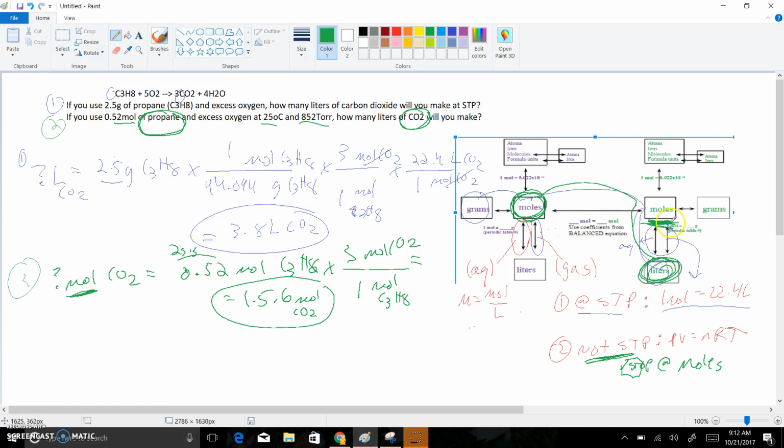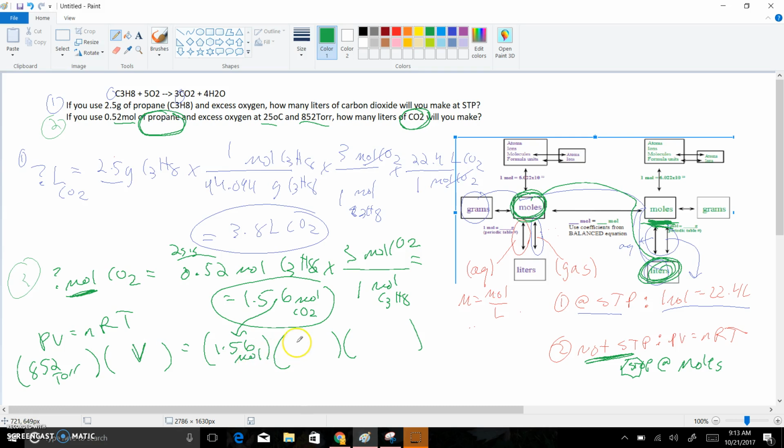Because next, I stopped here, now I'm going to use PV = nRT. I'm going to fill in all these blanks here. So now I've got that 1.56 moles of CO2. That's what's going to go right in here, 1.56 moles. That's my n. My P is 852 torr. My V is what I'm trying to solve for.